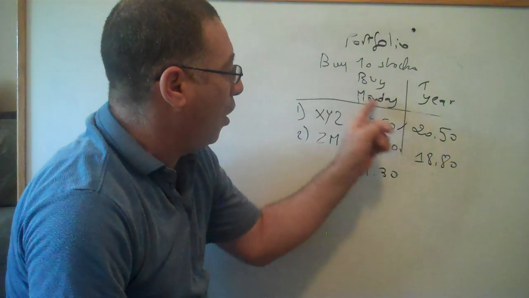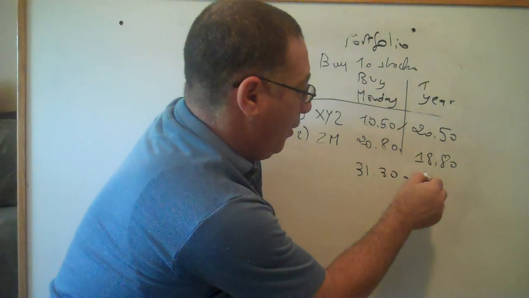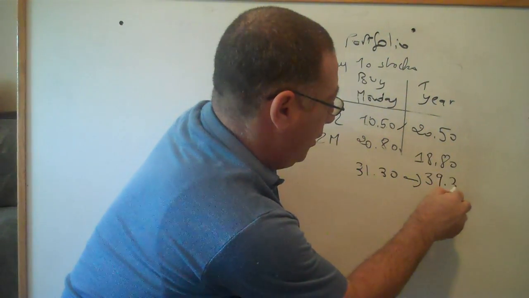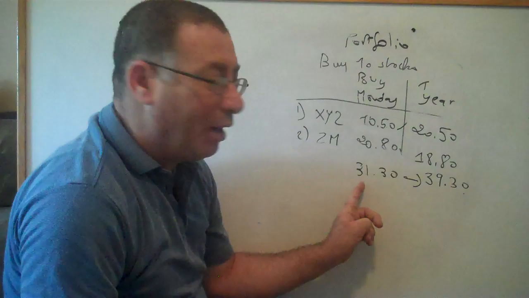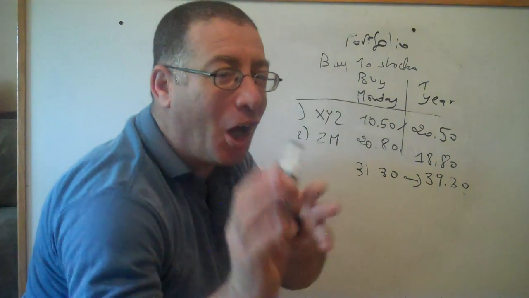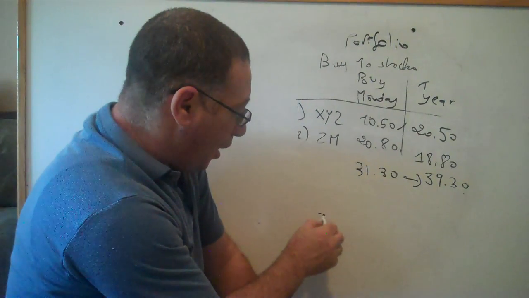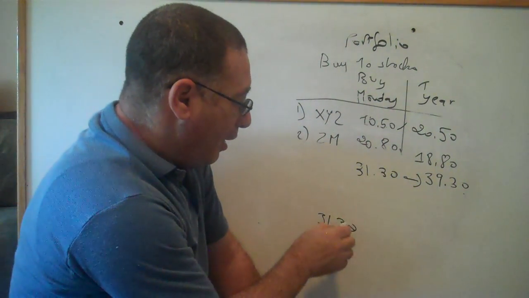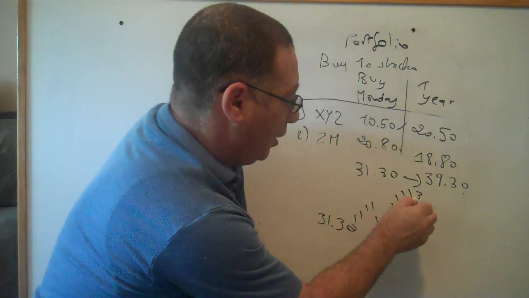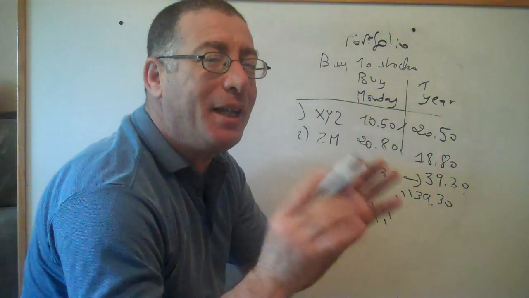This is all the stocks that you buy, and it goes to 38. Oh no, 39. Okay? So from 31.30, you make your own stock by portfolio. Your portfolio will be like this. For example, 31.30. It goes like this. And it goes here to 39.30.